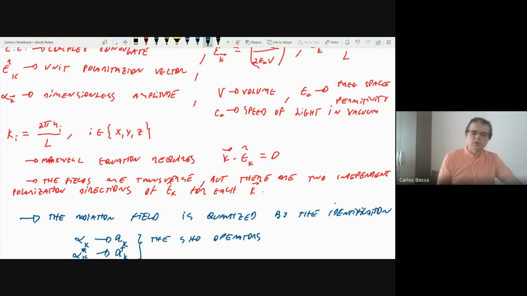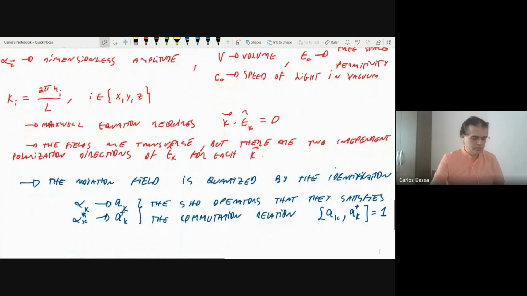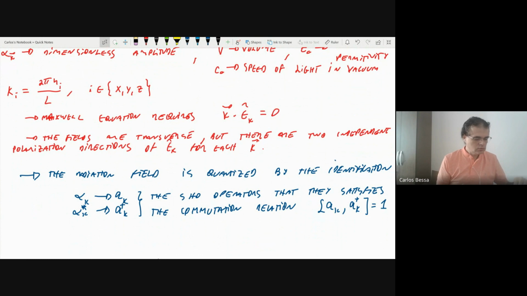And remember that they satisfy, as we saw in the last lectures, the commutation relation: a_k, a_k dagger equals the identity. Okay, so let's do this.